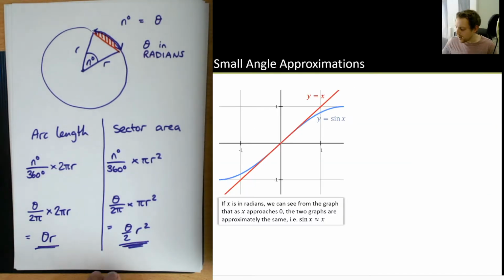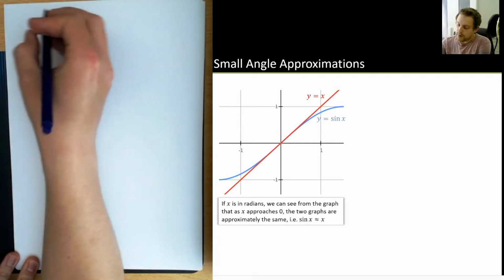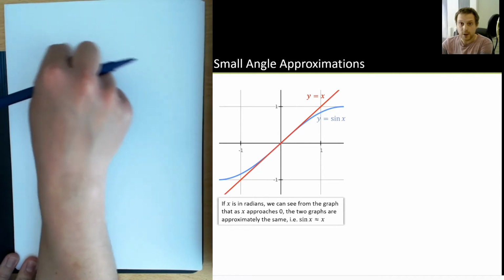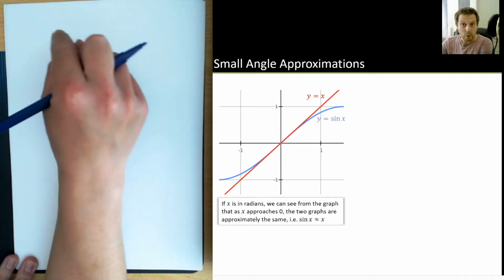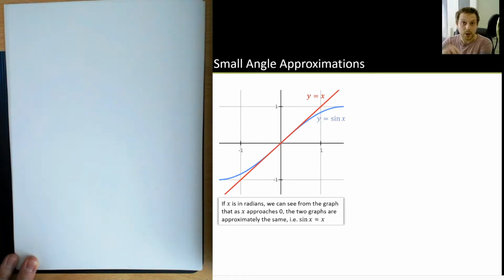So the small angle approximations is really one of the big things. So we've covered arc length and sector area. The fact that you could do those in degrees anyway, of course you can, but the formulas themselves, if your angle is in radians, then you get to use an easier formula, right?